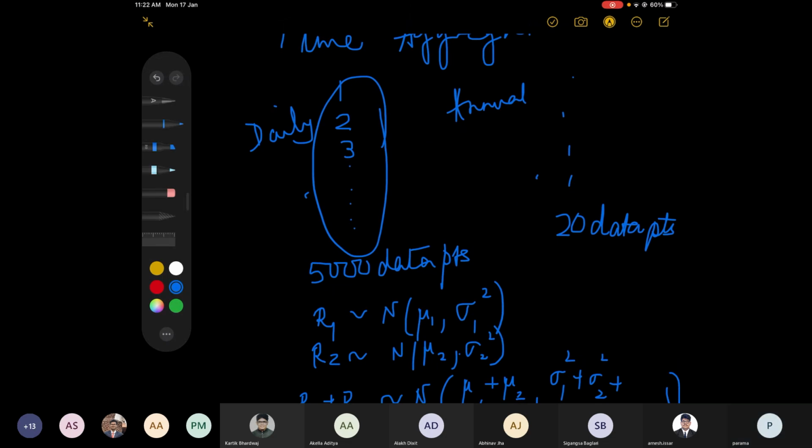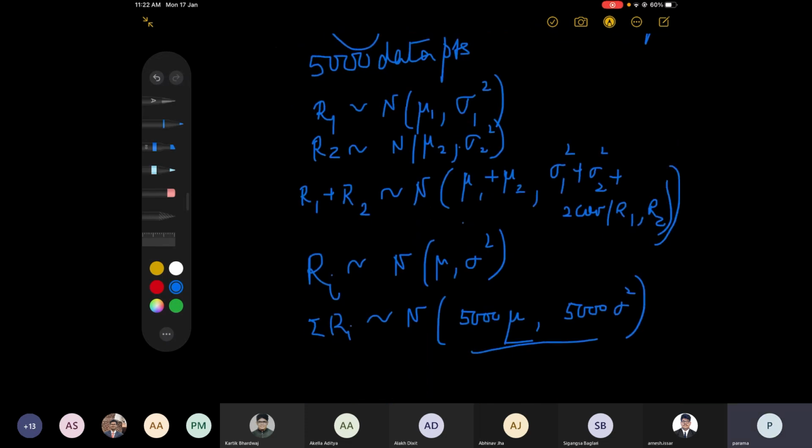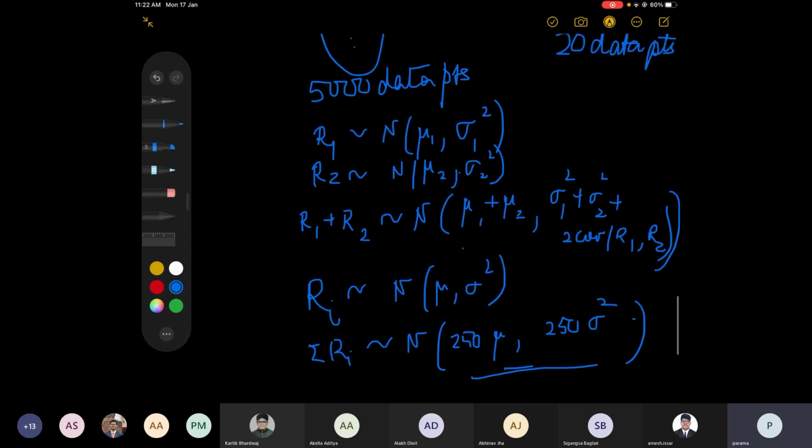Whereas, so sorry, I made a mistake here. If I want to go from a daily distribution to an annual distribution, if I assume 250 days of data, then this will be 250 sigma square. And therefore, the standard deviation, remember, will be sigma root 250, that is sigma root T. So from a daily to an annual, it's very easy for me to do.